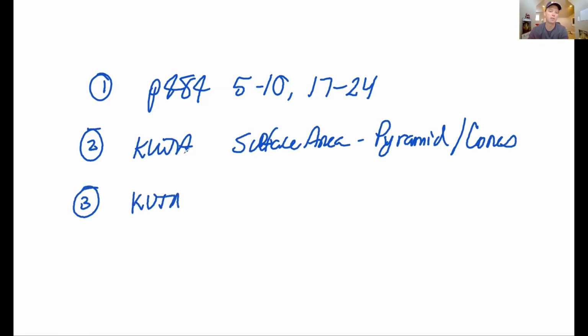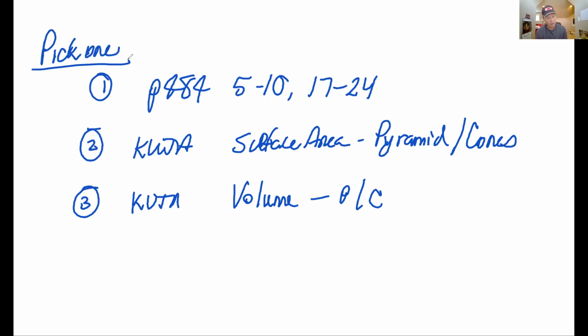You know where I'm going, don't you? Volume. Pyramids and cones. Okay, pick one. Now, I will tell you here, and you don't have to do this, but this one and this one only deal with volume, the one in the middle. If you want to play around with the surface area, you can do it. It's cool. It should be in your book, but it's not. So anyway, pick one of those.